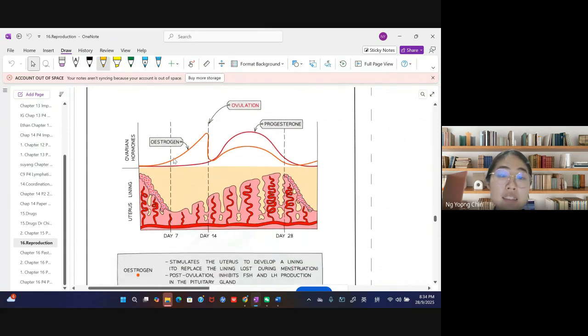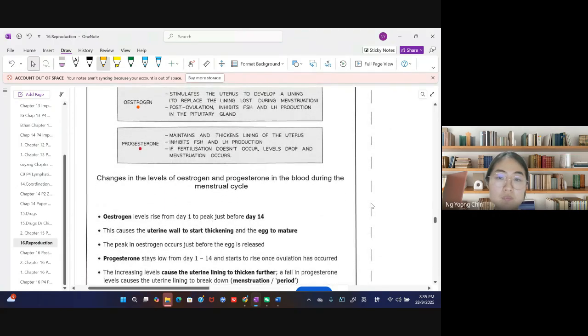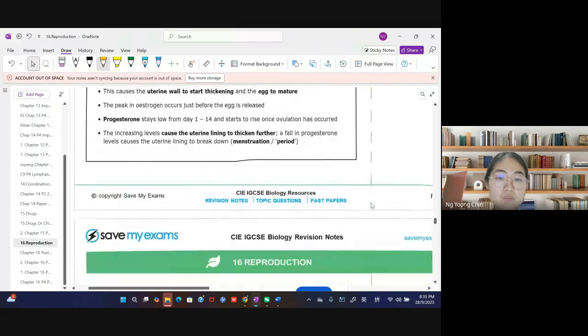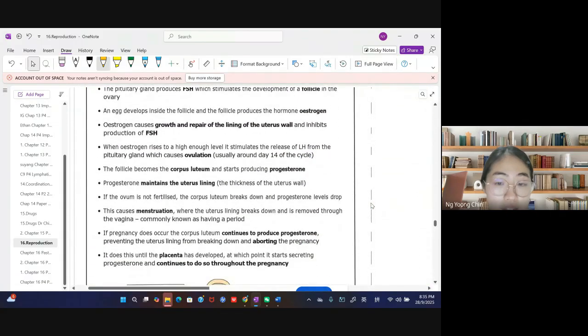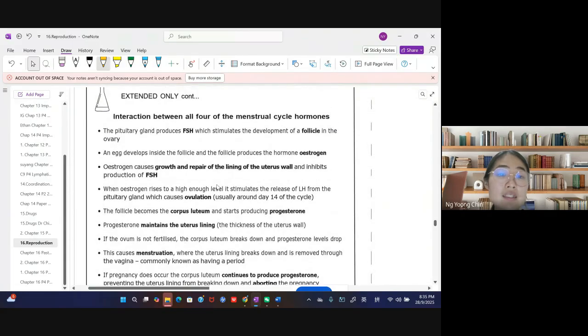You can see that estrogen has two peaks, here and here, but progesterone will have one peak only, which is between day 14 and 21.